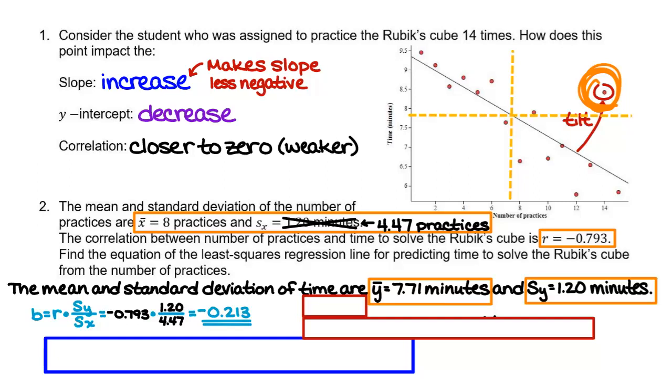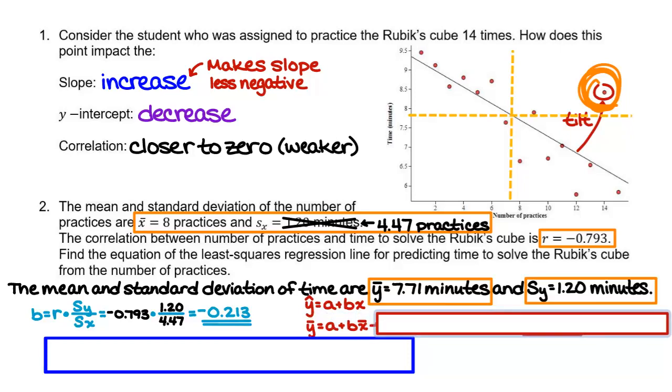Awesome. Finding A. This is where I need to use the fact that y hat equals A plus BX. And we've been given X bar and Y bar, so I can look at it as Y bar equals A plus B times X bar. We just found B. And we were given Y bar and X bar.